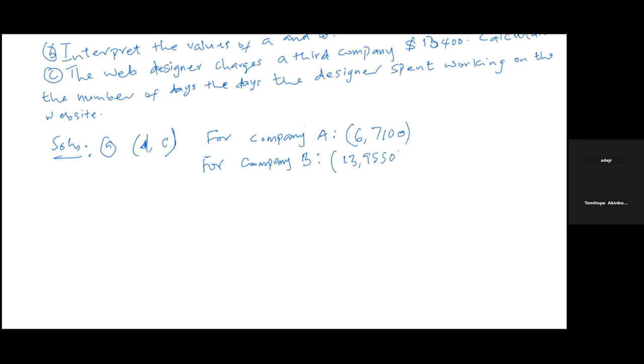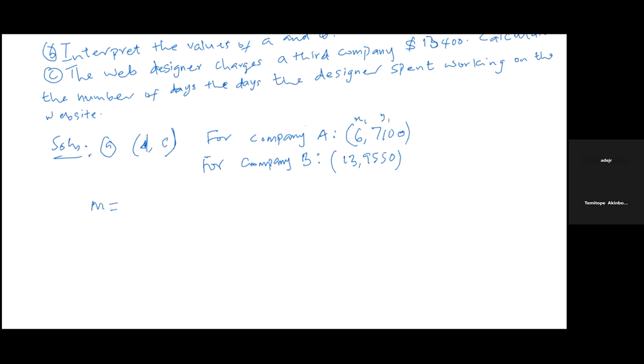So you can now find the slope. M equals, from A, I'm going to have x1, y1, and from B, x2, y2.